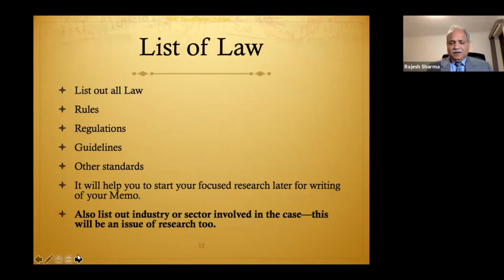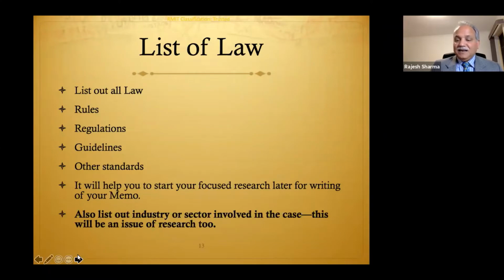Then when you are reading it the second time, you can also pick up all those things which are related to law. So list out all the laws which are discussed there, whether it is related to contract like the CISG, whether it is related to the UNIDROIT principles, you write it down. Whether it is related to arbitration rules, write it down.